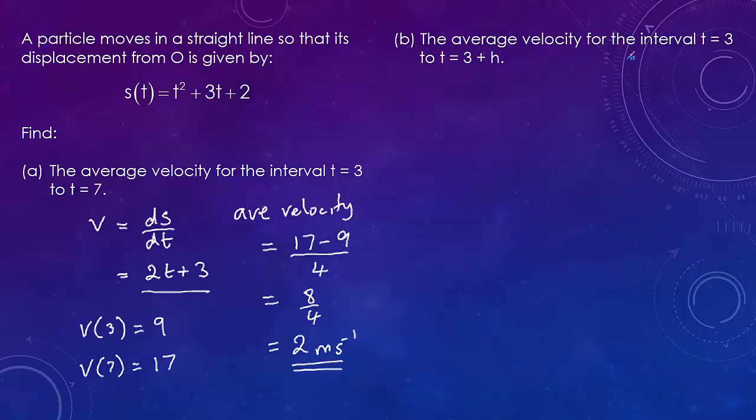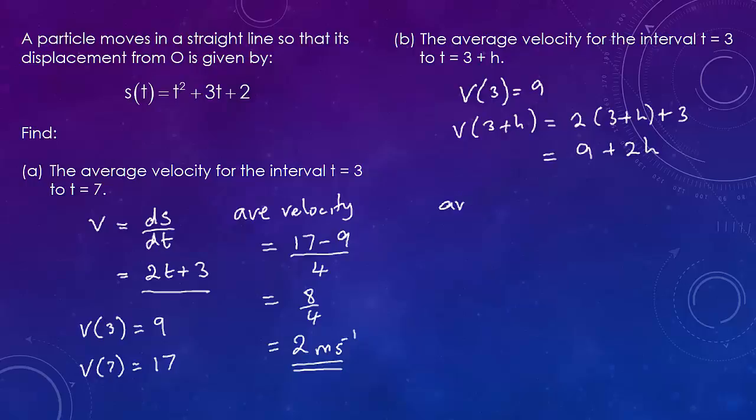The average velocity for the interval t equals 3 to t equals 3 plus h. So we already know that v of 3 is equal to 9. V of 3 plus h would be twice 3 plus h plus 3. So that's going to be 9 plus 2h.